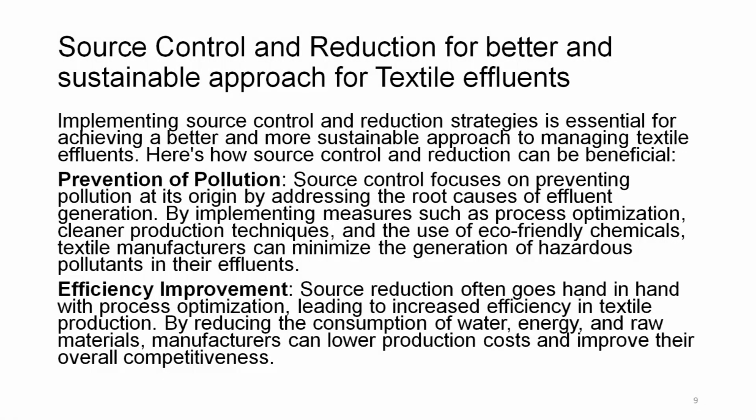Efficiency improvement. Source reduction often goes hand in hand with process optimization, leading to increased efficiency in textile production. By reducing the consumption of water, energy and raw material, manufacturers can lower production cost and improve their overall competitiveness.